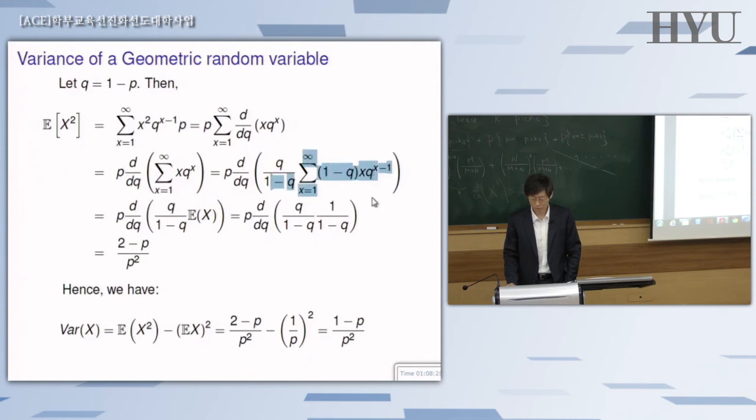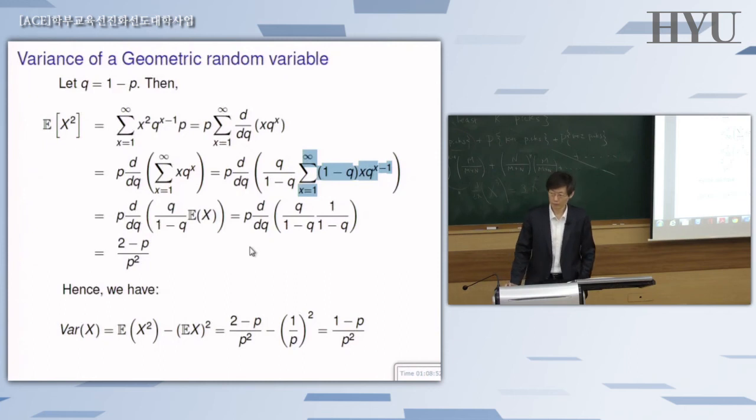It's nothing but algebra because you multiply the quantity by something, 1 minus q, and then divide the whole thing by the same thing, another 1 minus q, so they cancel each other. And then if you put this additional q inside, it's nothing but x times q to the x. Just algebra. But then the stuff inside this summation looks quite familiar, and that's nothing but the expectation of x.